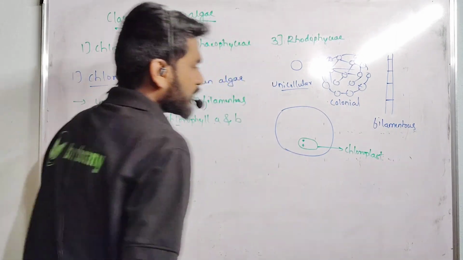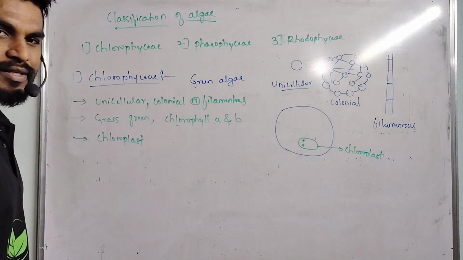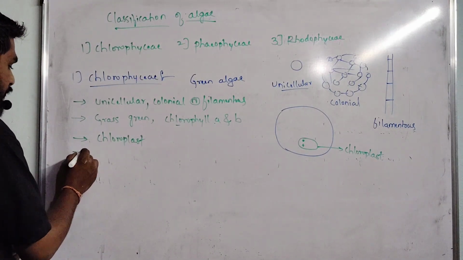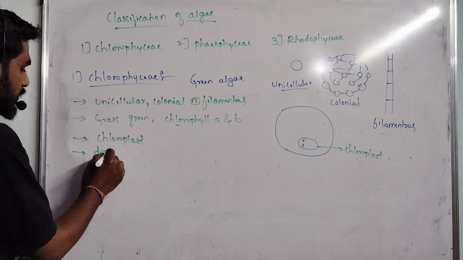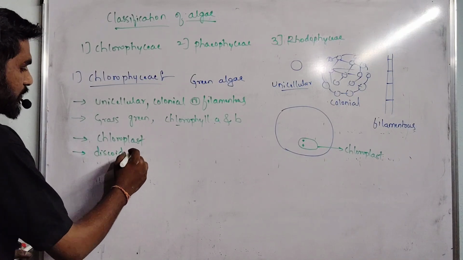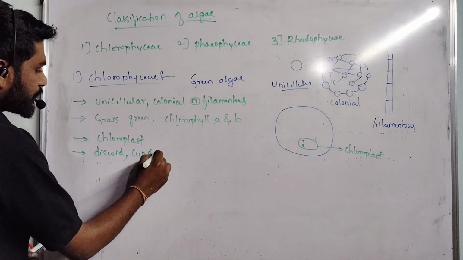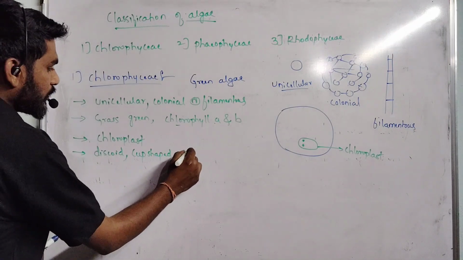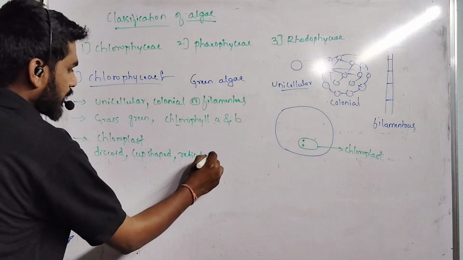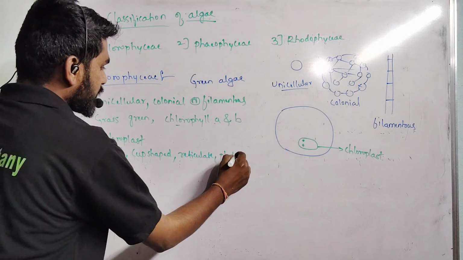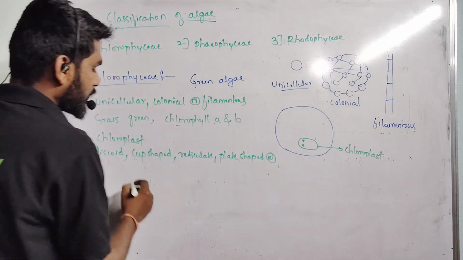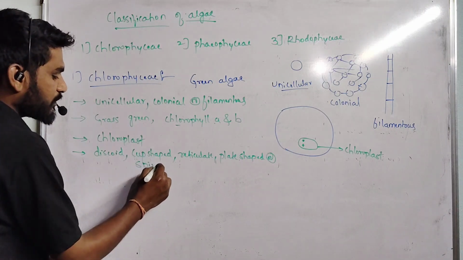Chlorophyll A and B pigments are present in the chloroplast of Chlorophyceae algae. The shape and size of this chloroplast may vary. They may be discoid shaped, cup shaped, reticulate, plate shaped, or in some cases spiral shaped.